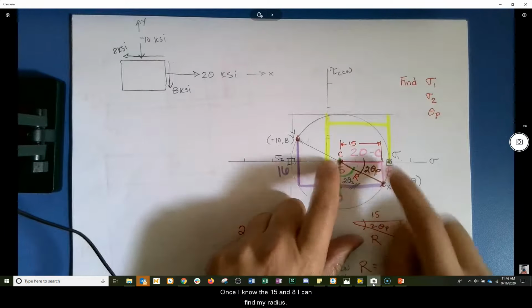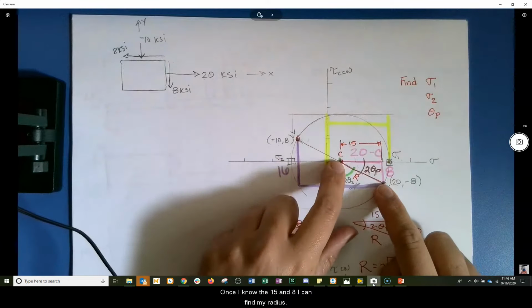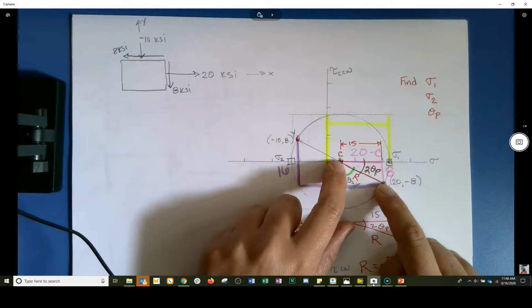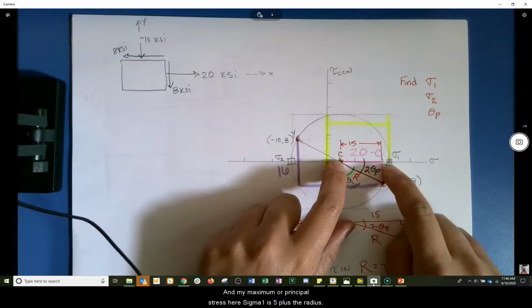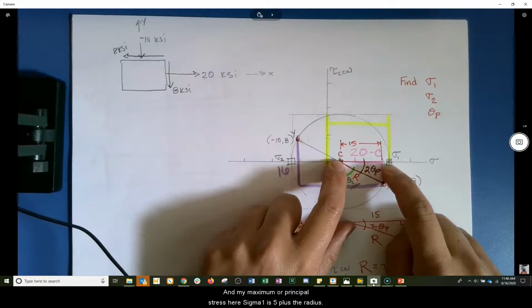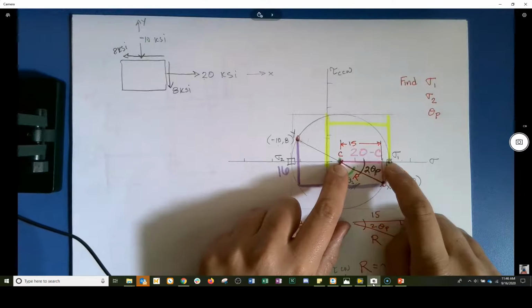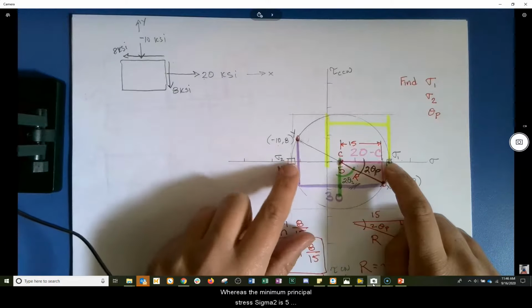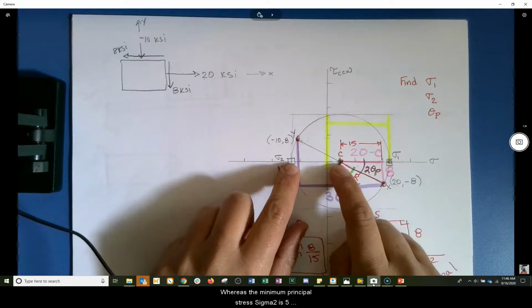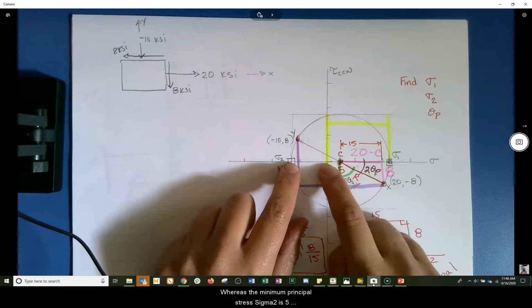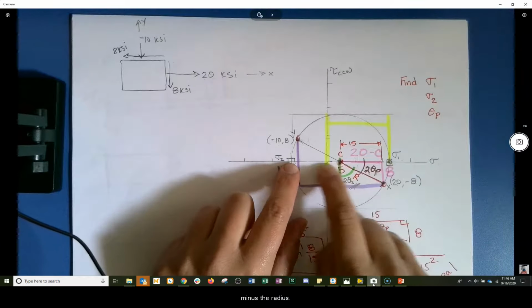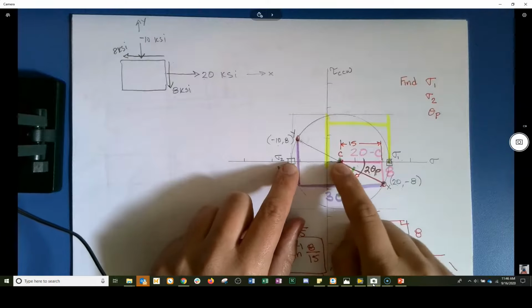Once I know 15 and 8, I can find my radius. My maximum, or principal, stress, sigma 1, is 5 plus the radius, whereas the minimum principal stress, sigma 2, is 5 minus the radius.